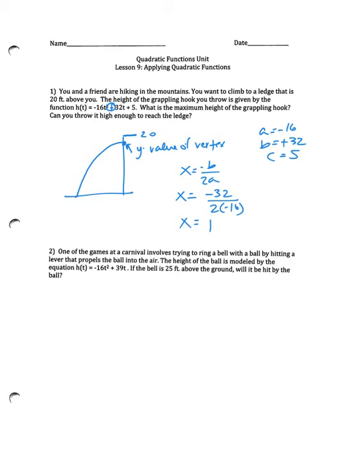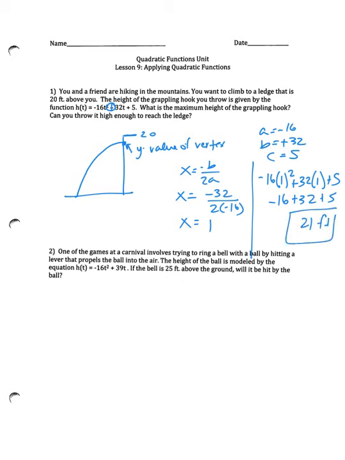So when you plug that back into the function, you're going to get negative 16 times 1 squared plus 32 times 1 plus 5. So you're going to get negative 16 plus 32 plus 5, which is 16 plus 5, which is 21.